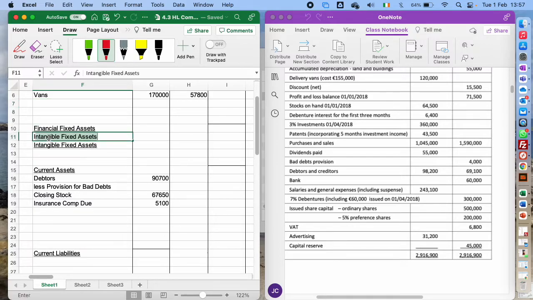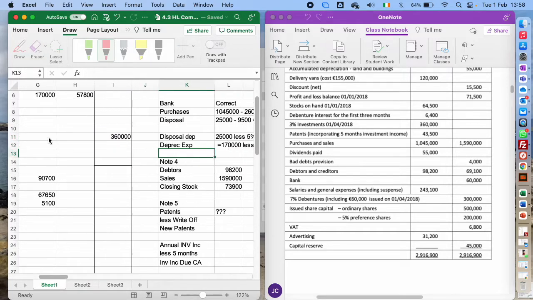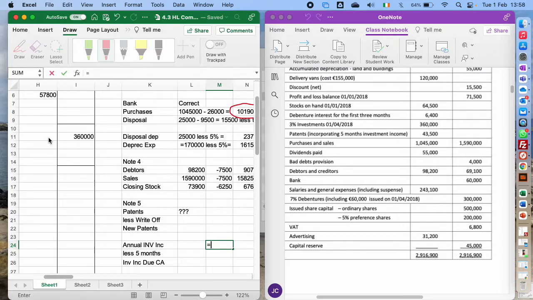So financial fixed assets investments, 360. So the investment income, the annual figure is going to be 360 multiplied by 3%, and I got it on the 1st of 4th, so I'll be multiplied by 9/12.